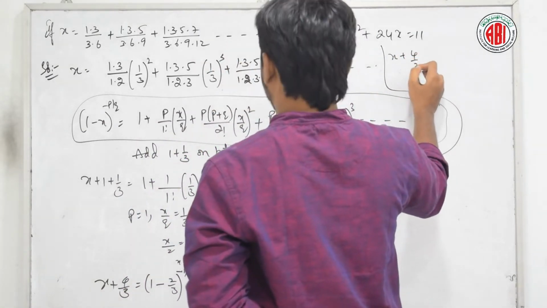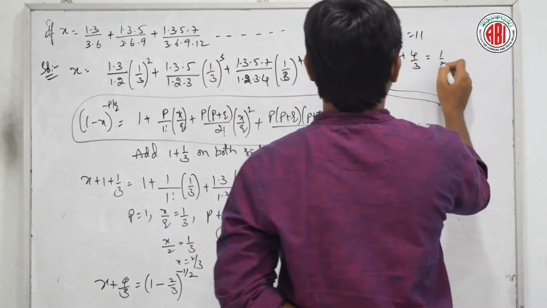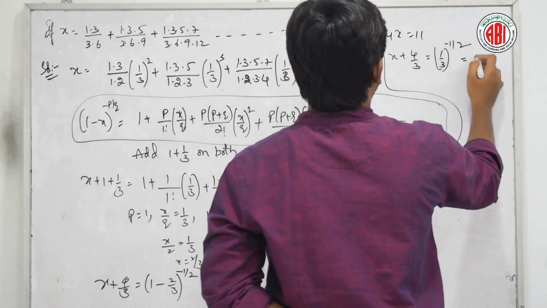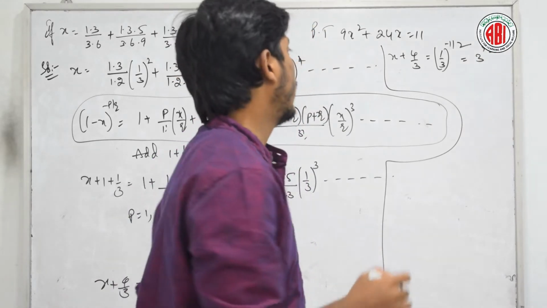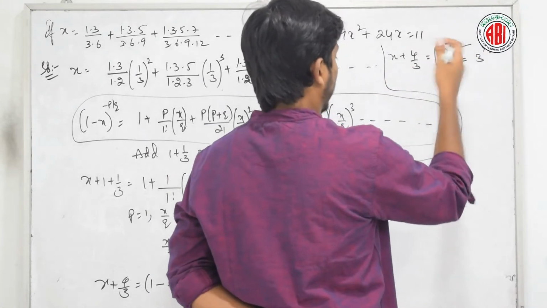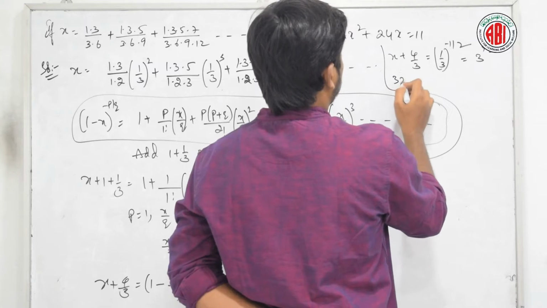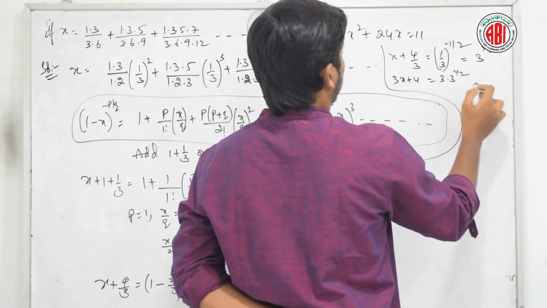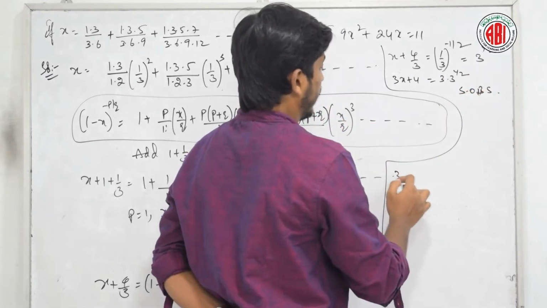X plus 4 by 3 is equal to 3 minus 2 is 1 by 3 whole power minus 1 by 2, that is nothing but 3 power 1 by 2. Is it? Now if you want we can take LCM and square, or else let us square it like that only. So this will be 3x plus 4 is equal to 3 into 3 power 1 by 2. If I square on both sides, what do we get?